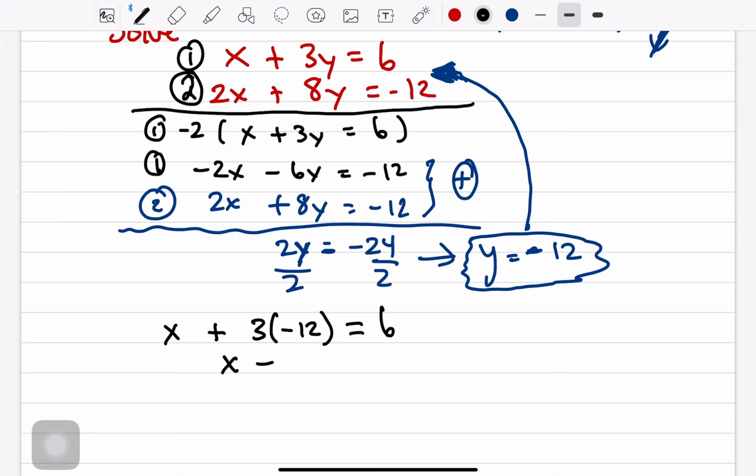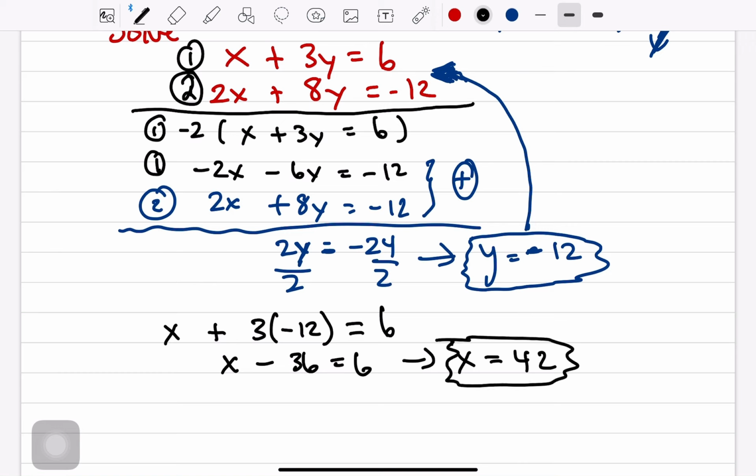So x minus, because this is going to be a minus, 3 times negative 12, that's 36 equals 6. And doing a little bit more math, that leaves me with x equals 42, I believe. So hopefully I did my math correctly, and this should equal the solution to the system.